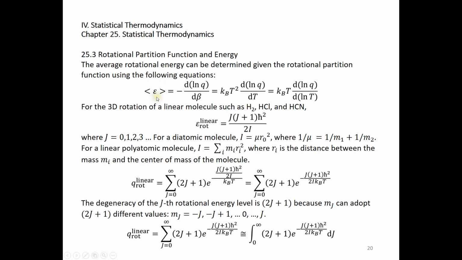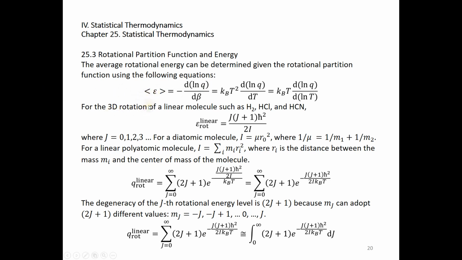The average energy is equal to negative d ln q over d beta. The average energy is k_B T squared d ln q over dT, or k_B times T times d ln q over d ln T. If we use the rotational partition function here, we'll get the average rotational energy.